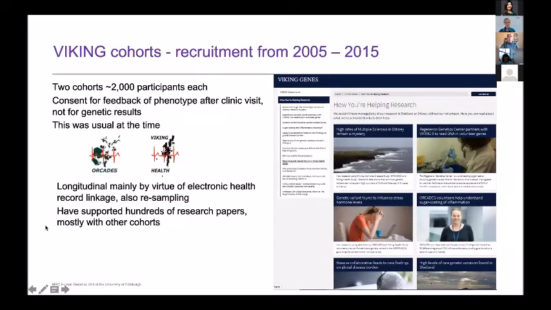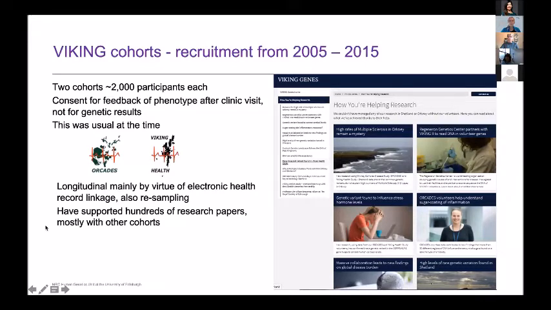So the first 2 cohorts were recruited between 2005 and 15, 2,000 participants in each. These involved clinic visits with plenty of measurements, and consent was taken for feedback of that phenotype, but consent was not taken for feedback of genetic results.